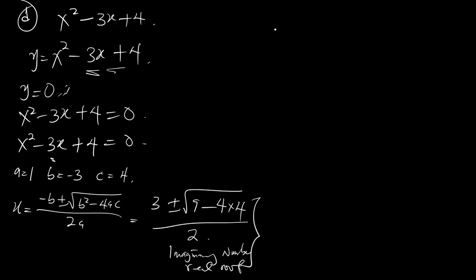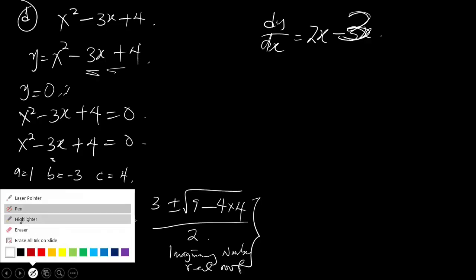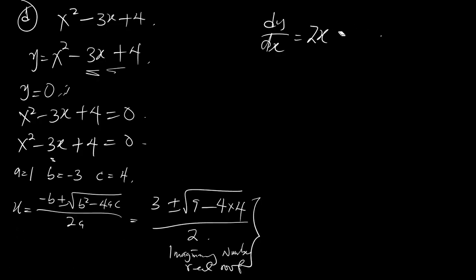Now let's look at if you have a stationary point. You have dy all over dx equal to what? 2x minus 3.